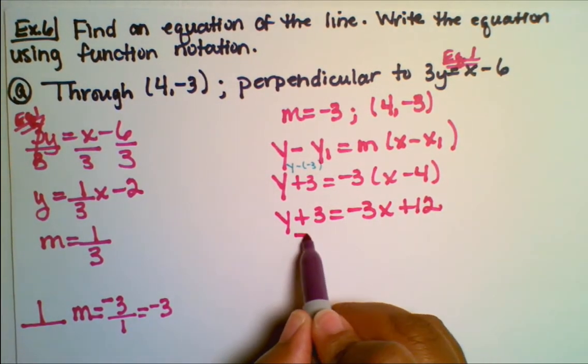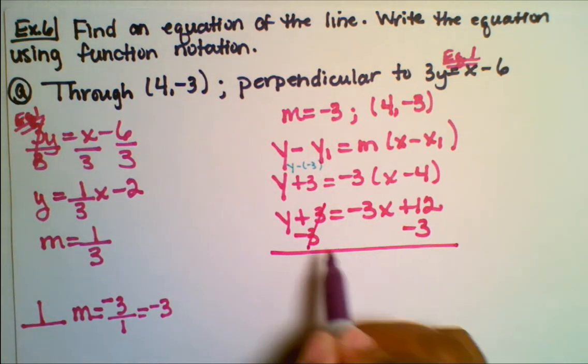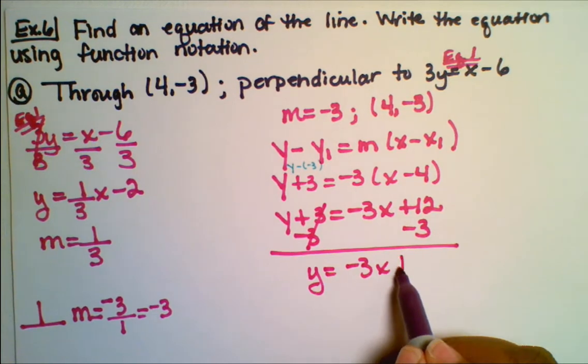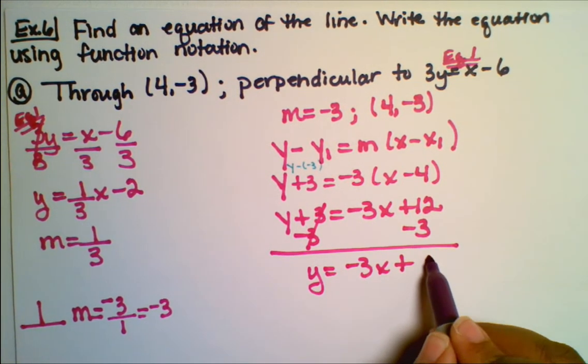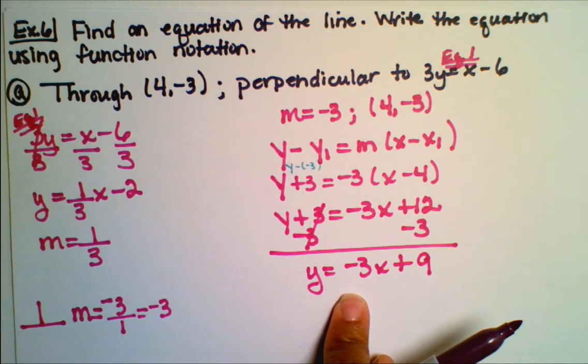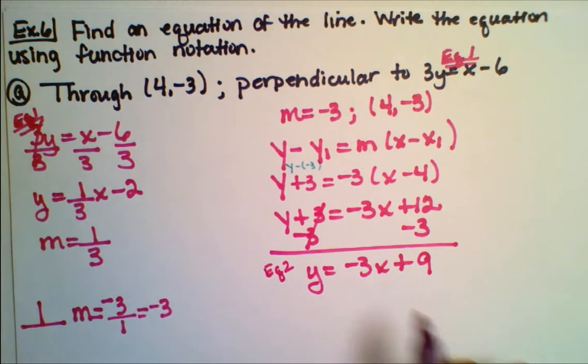And then we're going to solve for y, so we subtract 3 from both sides, and we have y = -3x + 9. So this is our new equation, our second equation.